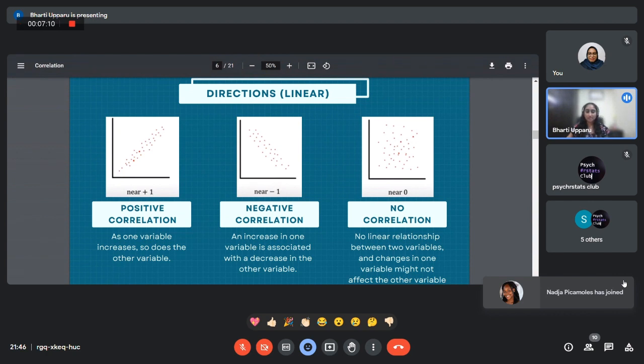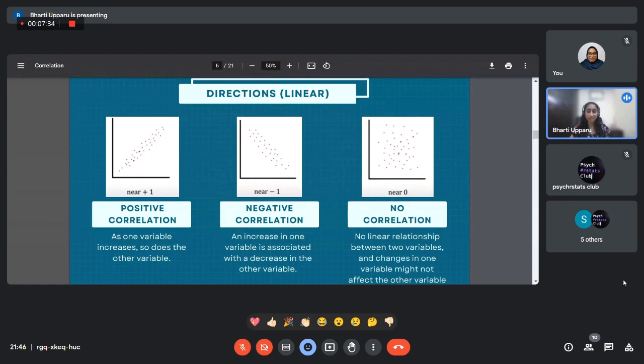And the last is no correlation, which is near zero. Positive correlation says that as one variable increases, the other variable also increases. And negative correlation says that as one variable increases, the other decreases.